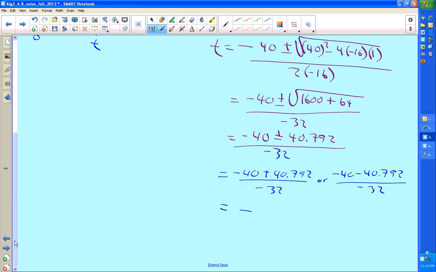This is going to give you a negative answer. We don't need negative answers because that's not possible. The or is where we're going to get our answer. So you're going to have negative 80.792 divided by negative 32. That's going to give you 2.525.